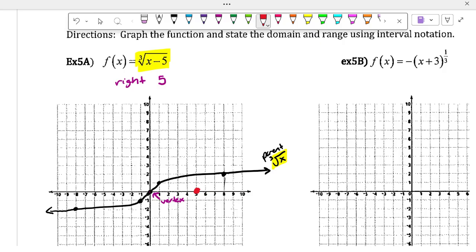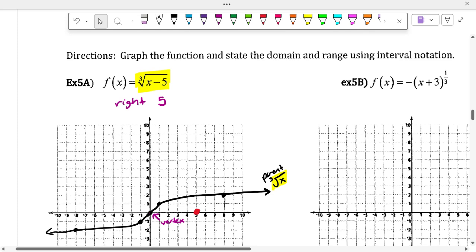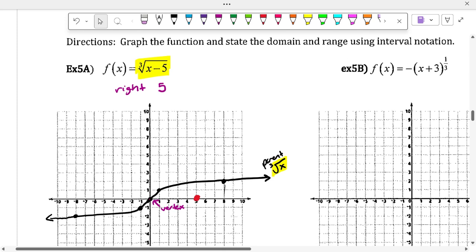Well, if you don't have a calculator, look at the original function. What's under the radical? X minus 5 is under the radical. What's the vertex? What x value is it at? It's at x value, not y. It's at 5. So how do you think I got 5 from x minus 5?